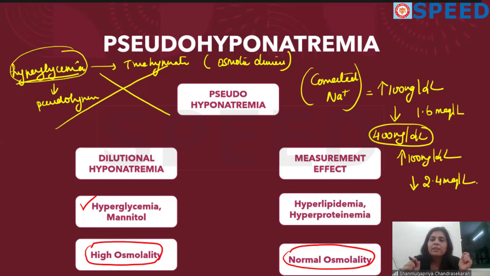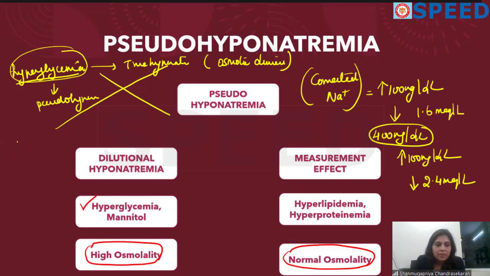Corrected sodium is calculated based on the fact that for every 100 milligram per deciliter increase in plasma glucose above normal value, serum sodium will be falsely decreased by 1.6 milliequivalents per liter if the glucose value is less than 400 milligram per deciliter. If the glucose is very high, beyond 400 milligram per deciliter, for every 100 milligram per deciliter increase in glucose, serum sodium is falsely decreased by 0.4 milliequivalents per liter.